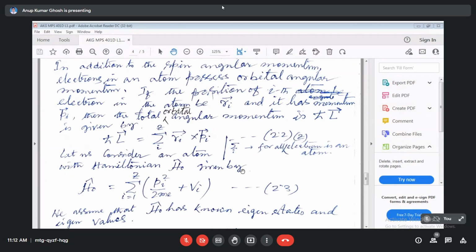From classical mechanics, you know that R is the position vector and P is the momentum, so angular momentum will be R cross P. And if you have Z electrons, the total angular momentum H cross L will be the sum over i equal to 1 to Z of Ri cross Pi.